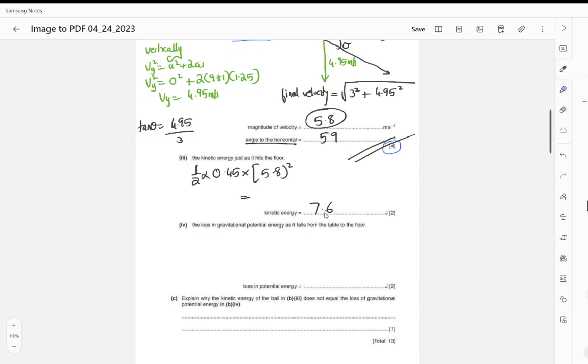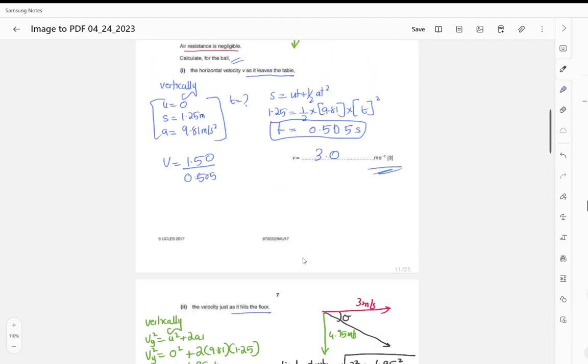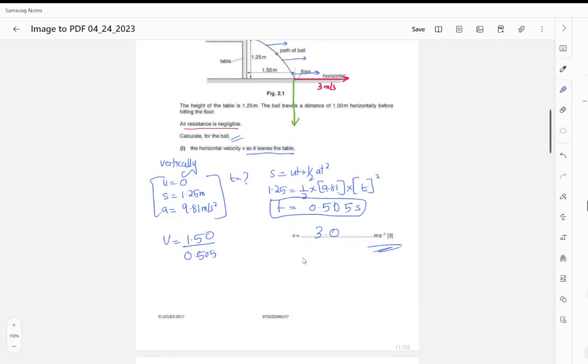Finally, the loss in gravitational potential energy as it falls from the table to the floor. The loss in GPE is the change in GPE, which is equal to mg delta h. So the mass is 0.45 multiplied by 9.81 multiplied by the height it fell from, which is 1.25.